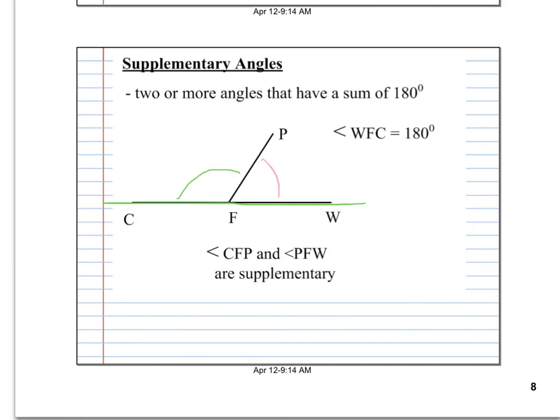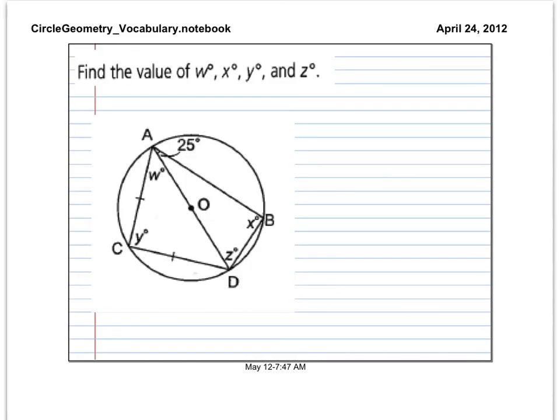So if I tell you that CFP is 125 degrees, in order to find PFW, 180 minus 125 will equal 55. So the angle right here is 55. Again, once we start looking into 10.1, you are going to see these kind of questions, so please refer back to this when you get there. Okay, this last slide we're not going to worry about, so you can just disregard it, cross it out, and this is the end of the introductory notes to Chapter 10.